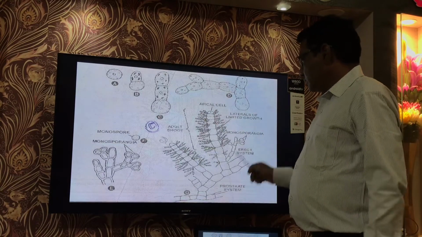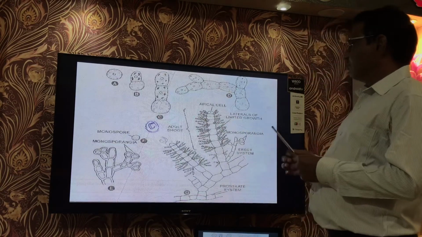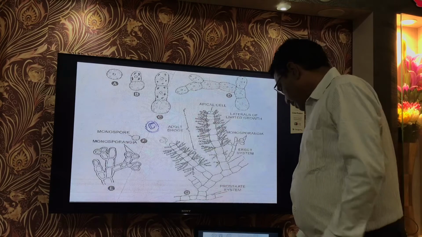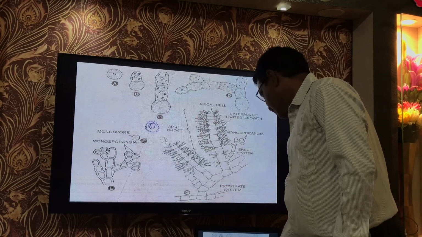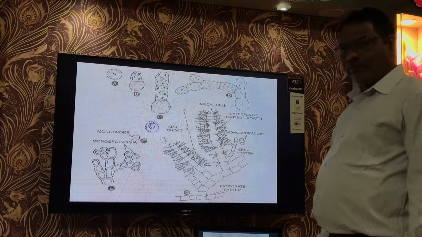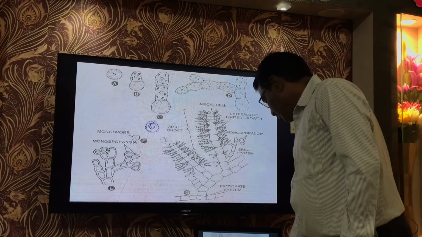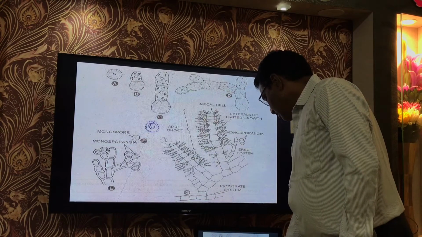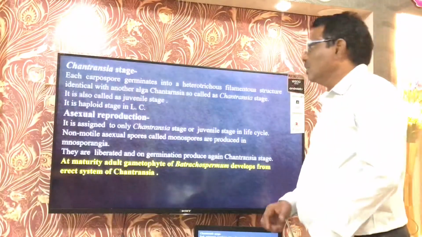So this is a very important stage in the life cycle of Batrachospermum, which is called the Chantransia stage, and this Chantransia stage is an additional phase in the life cycle of Batrachospermum, which is not present in other red algal members.